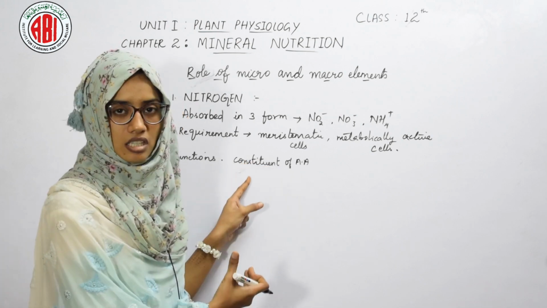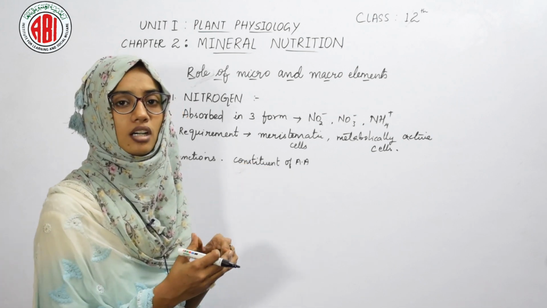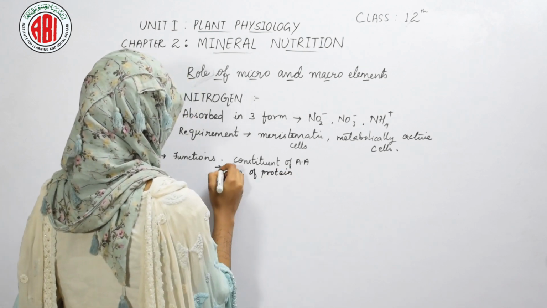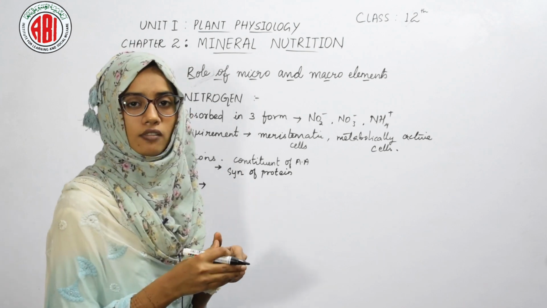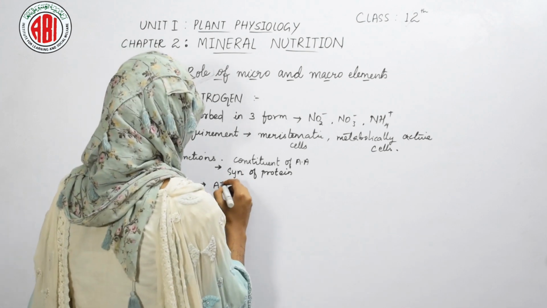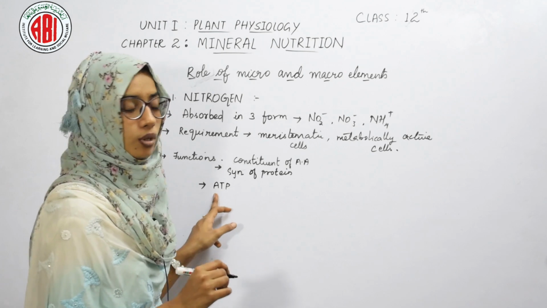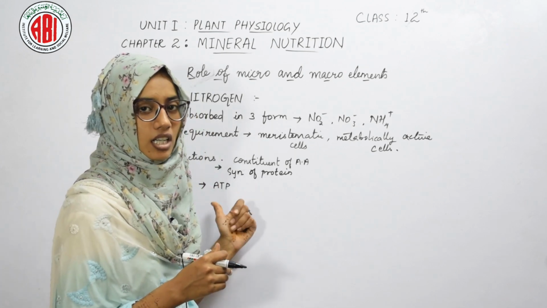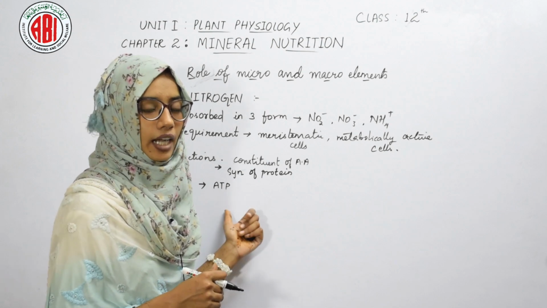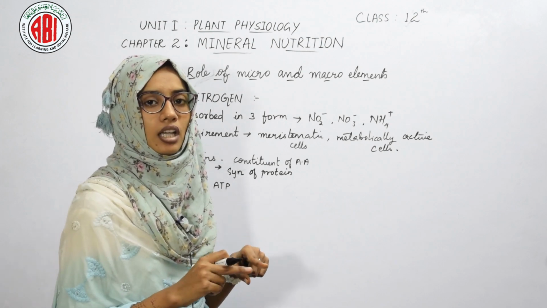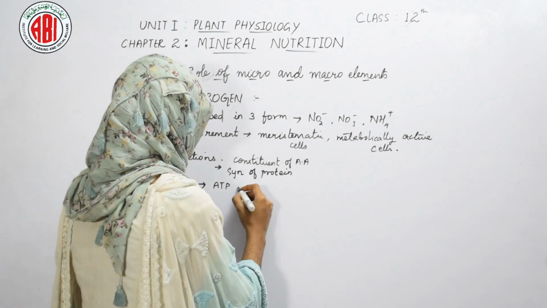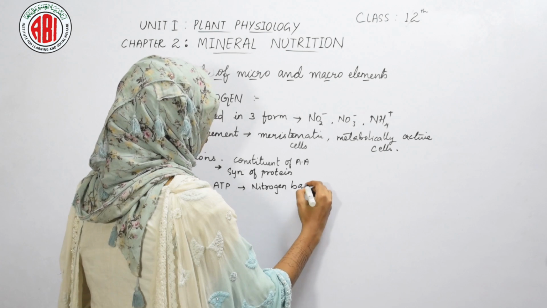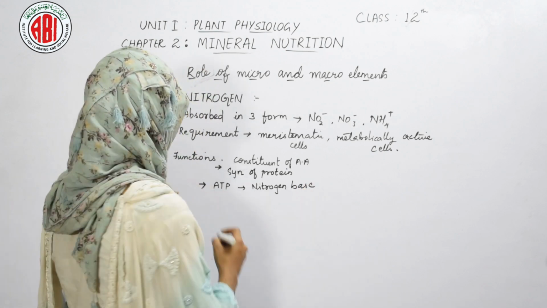The next function of nitrogen is that it is involved in the production of ATP, that is an energy molecule. When we look at the structure of the ATP molecule, we can see the adenosine ring, which is a nitrogen base. Therefore, nitrogen is required in the production of ATP.